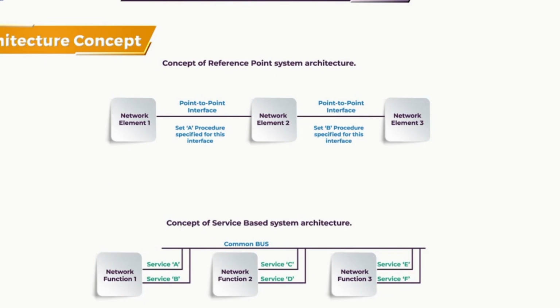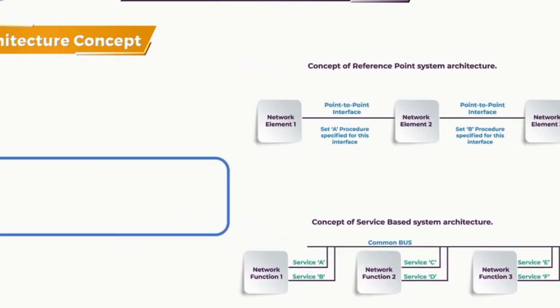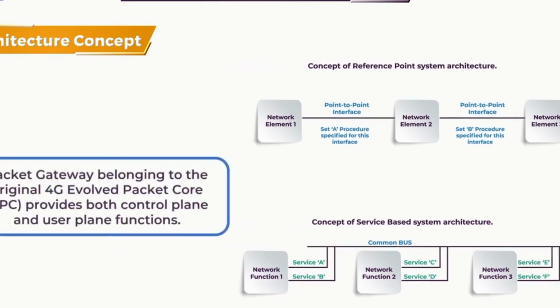An important characteristic of the 5G system architecture is the separation of user plane and control plane functions. This differs from the original 4G system architecture. For example, the packet gateway belonging to the original 4G evolved packet core, EPC, provides both control plane and user plane functions.